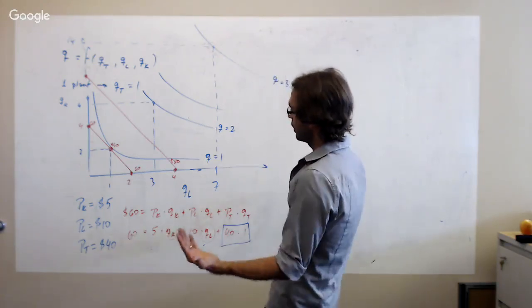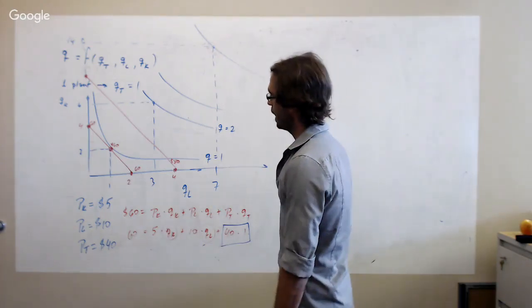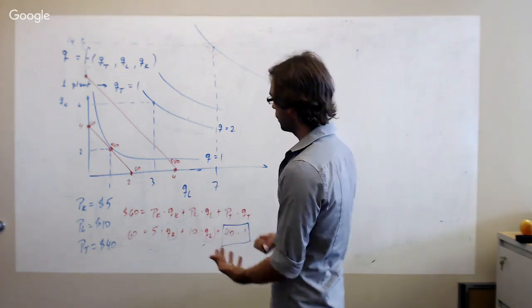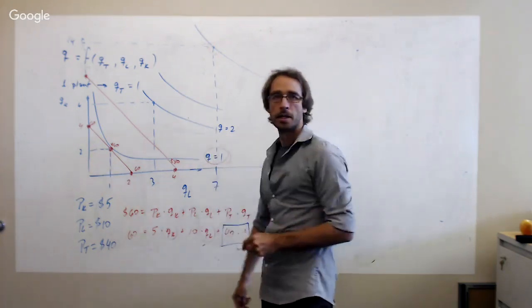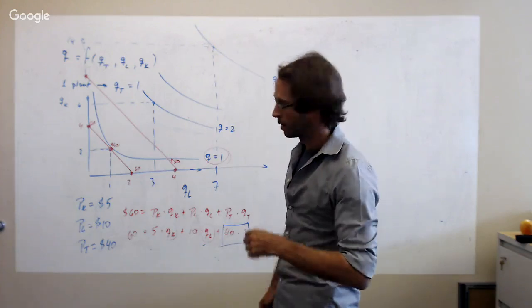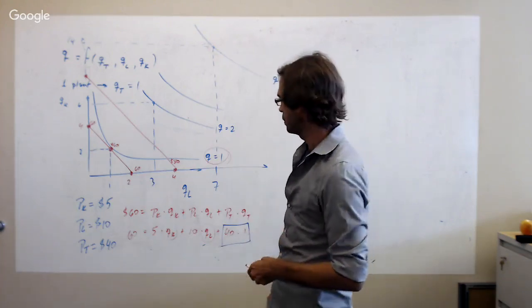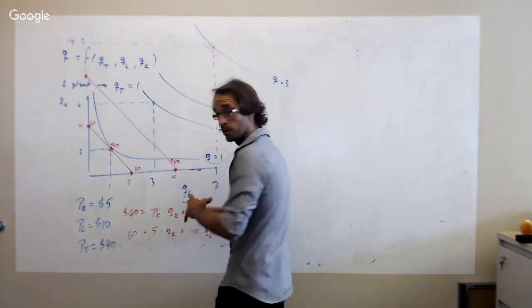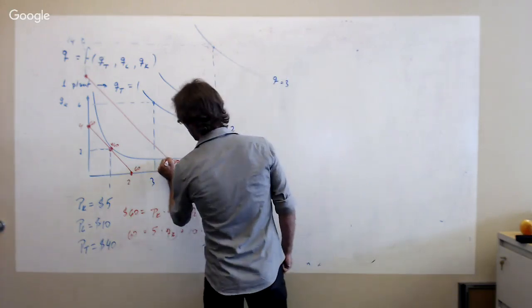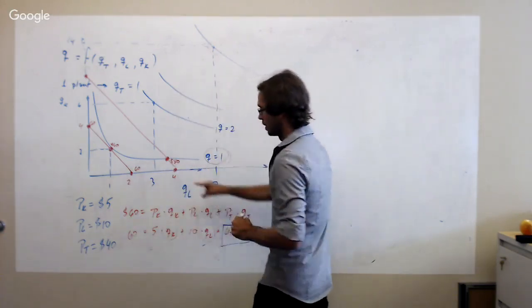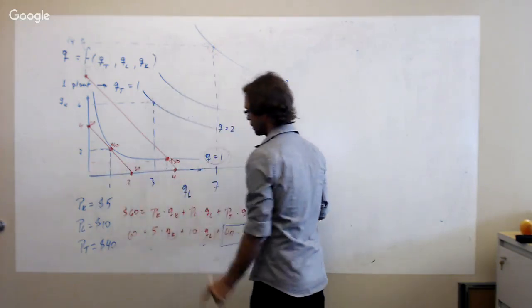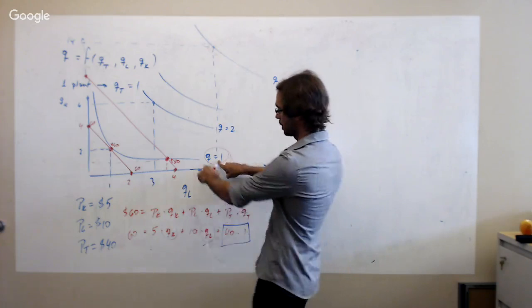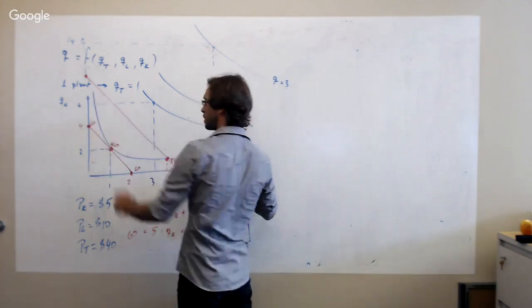All right, so now what we have to do is decide, if we're going to produce one washing machine, what combination of labor and capital do we want to use? So notice that, and I'm doing this graphically, this combination of labor and capital produces one washing machine because it's on the isoquant that produces one washing machine.